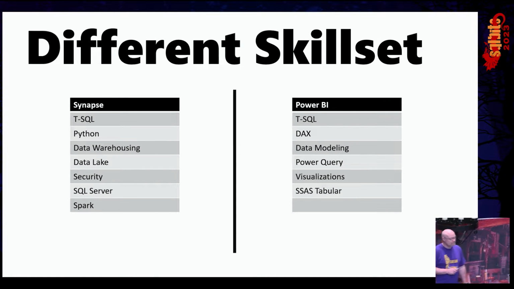When we delivered this workshop, someone made a point about data warehousing and data modeling. They asked, isn't that the same skill set? I would say it's not, Adam, because to design a data warehouse, you need to understand data integration. It requires you to understand data warehousing concepts like facts and dimensions, slowly changing dimensions, and incremental loads.